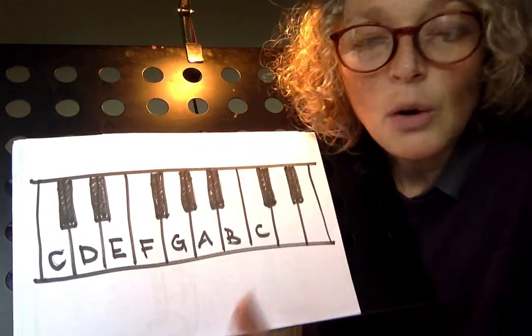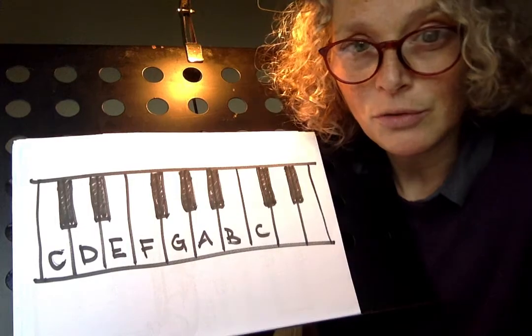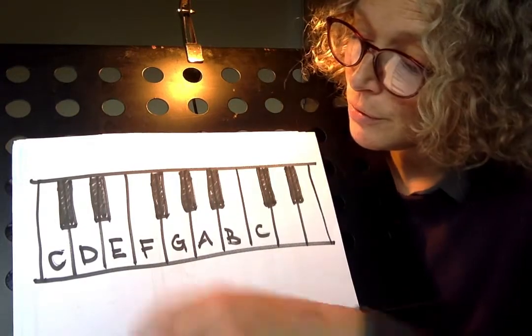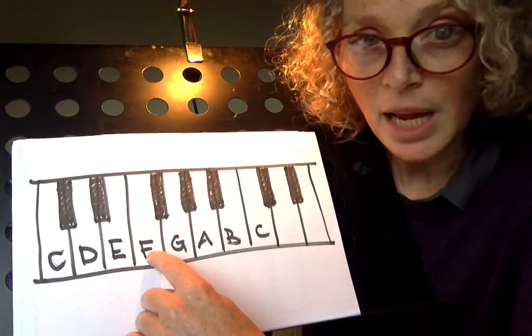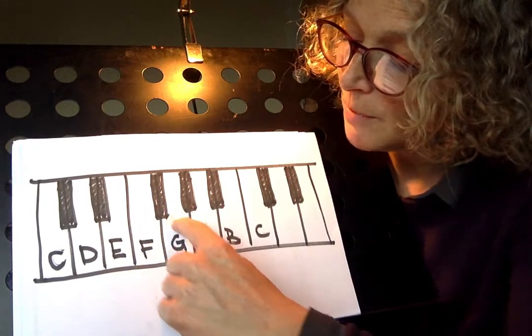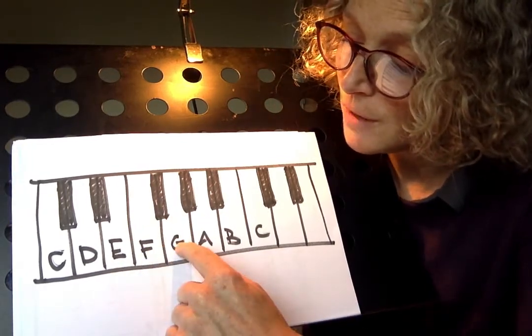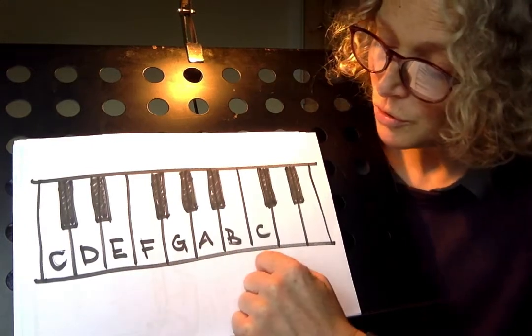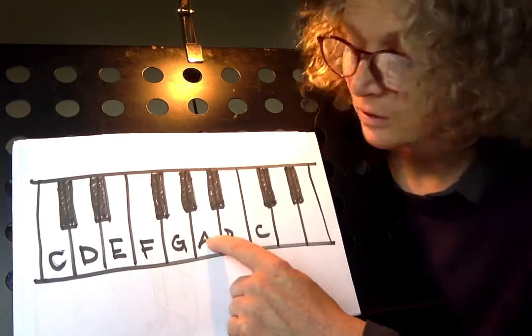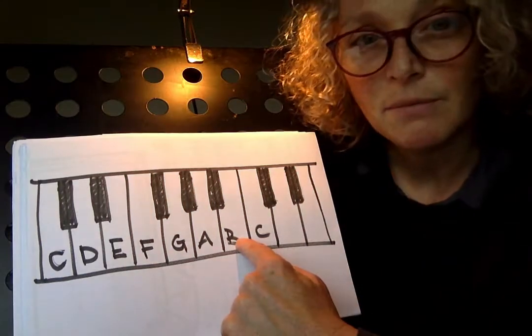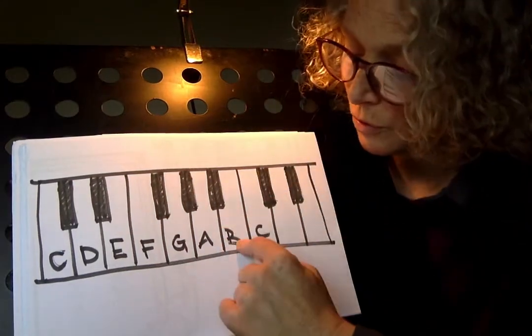Okay, a whole tone is 2 semitones. So a whole tone up from F, you would be going up to F sharp and on to G. So a whole tone from F is G. A whole tone from A is up to A sharp and then to B. 2 semitone jumps is a whole tone.